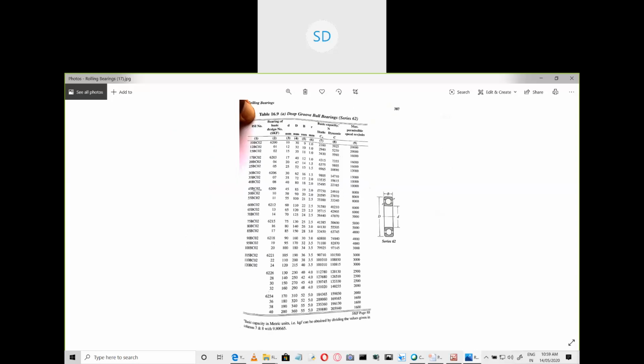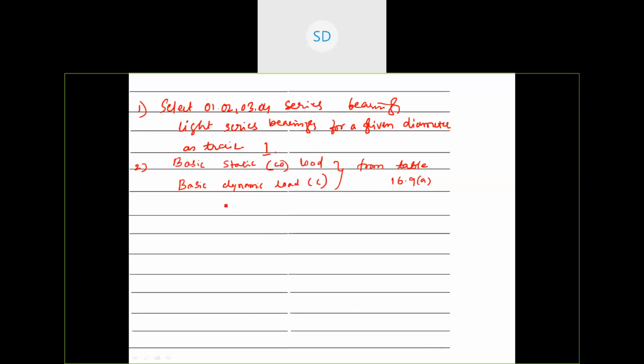We'll continue for the third step. In the third step, you calculate FA by C naught. You are going to get some value here. FA is the axial load, which is going to act over the bearing.